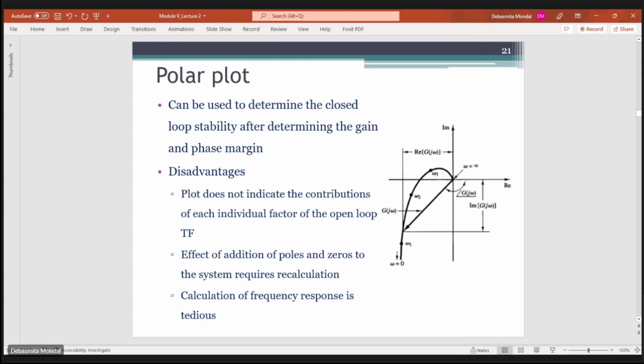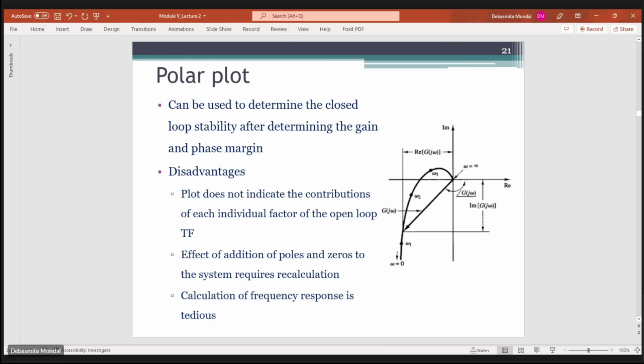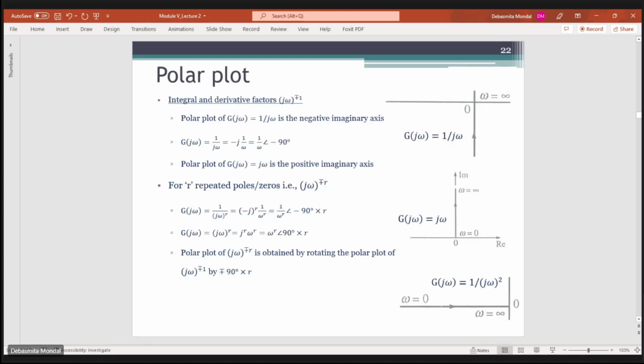But in the case of a polar plot, to see the effect of adding poles and zeros, you have to recalculate the overall expressions from scratch, and then draw the polar plot. So in a nutshell, drawing the frequency response or the polar plot is a little bit tedious compared to the Bode plot.